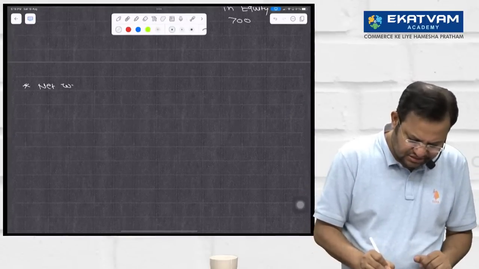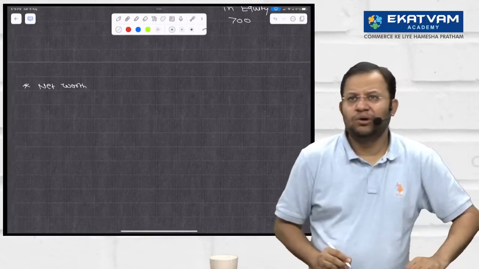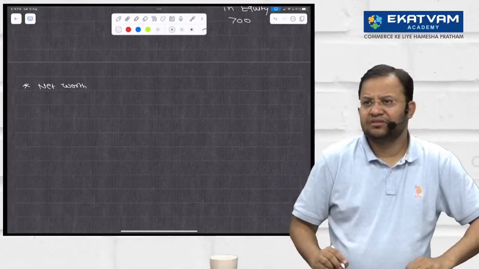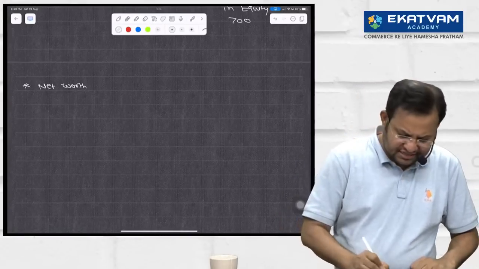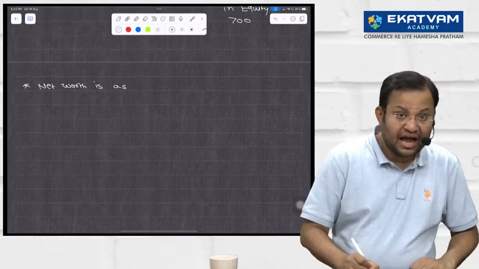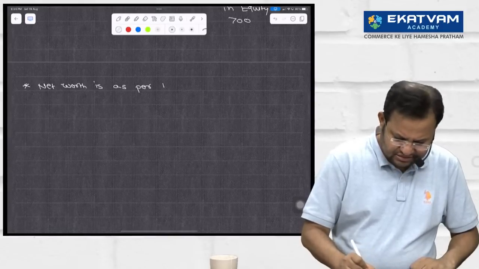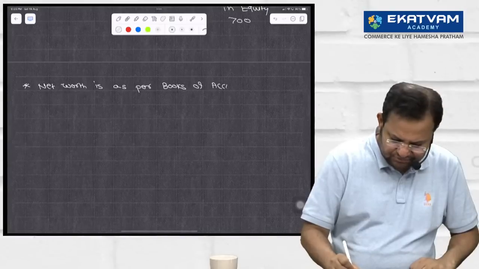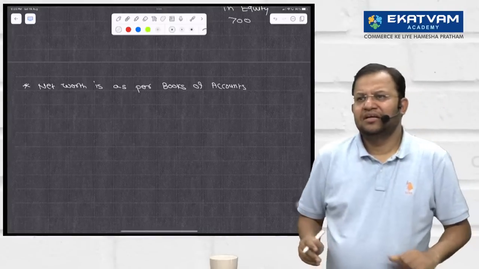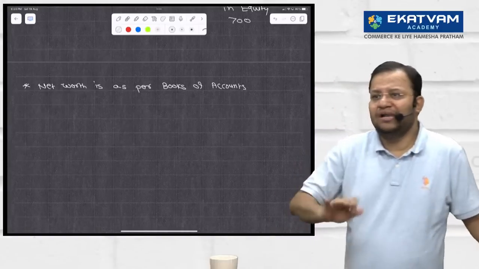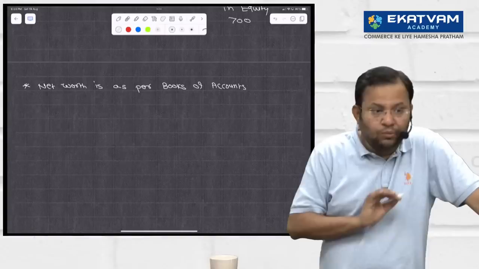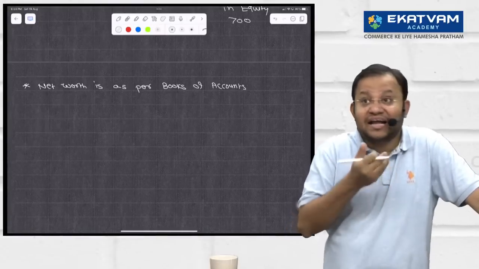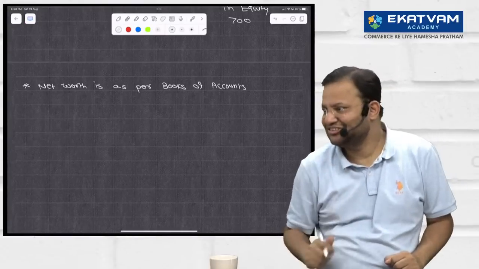नेटवर्थ इज as per books of accounts. What does it mean? It is as per book value. Net worth is as per book value. It is not a market value of a business.